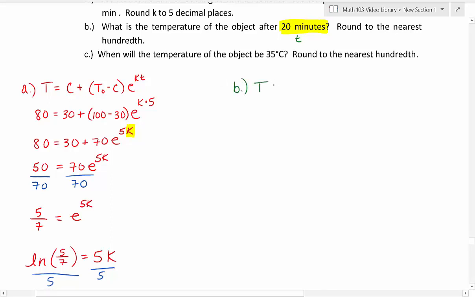So that's T equals 30 plus 70 times e to the negative 0.06729 times 20 power. You can plug this all in your calculator at once. Just be sure that you have parentheses around this product in the exponent. And we'll round our answer to the nearest hundredth. We get the temperature to be 48.22 degrees Celsius.